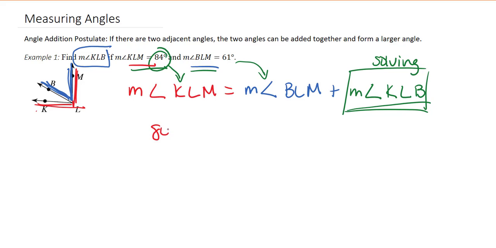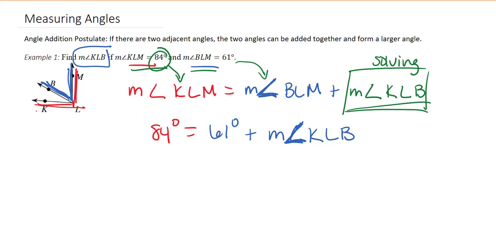So we have 84 degrees, which is going to be equal to 61 degrees plus our unknown angle. Now, how do we solve for that?